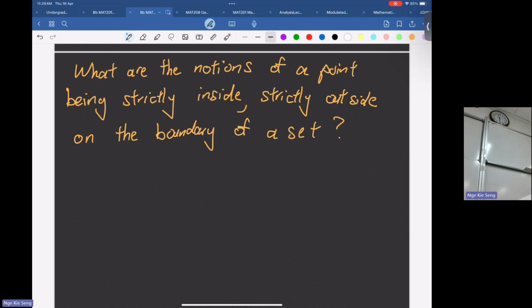So that's a definition. Suppose there's a subset A inside your metric space.